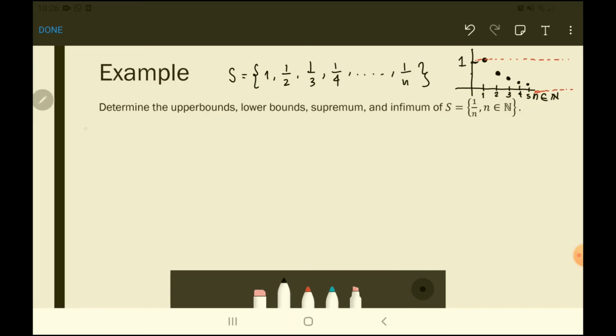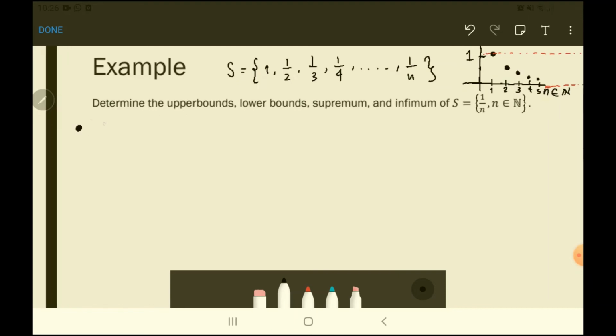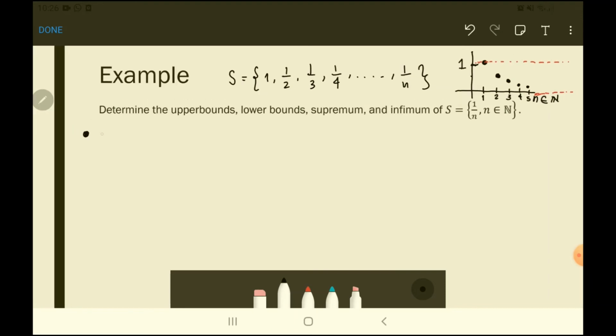So now let's determine the upper bounds first.